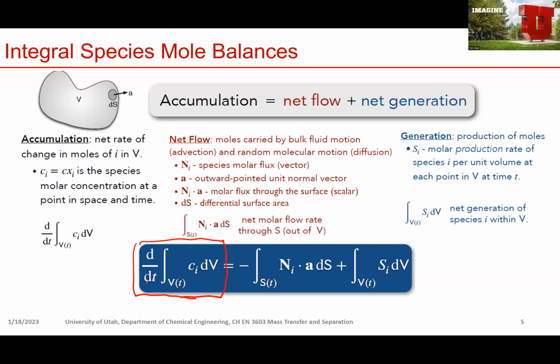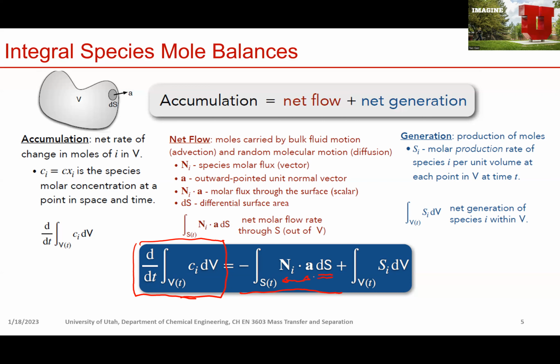On the right-hand side, the first term is the flow. We have a flux vector, and we take the dot product of the flux vector with the unit normal vector at a particular dS location.